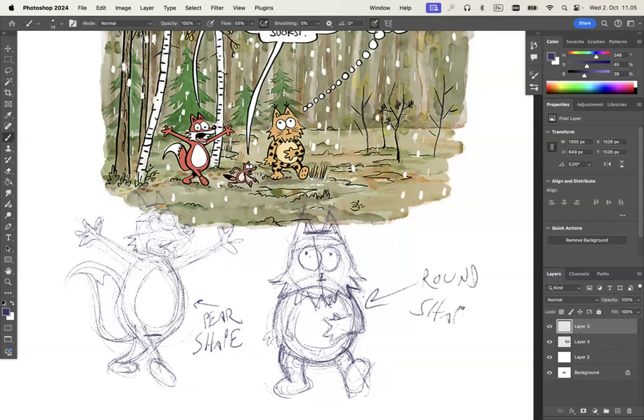So this is what I meant, that you could have some text there as well. Triangle ears and so on.